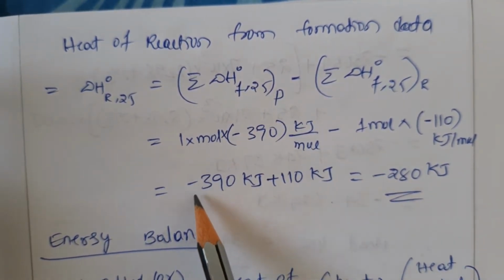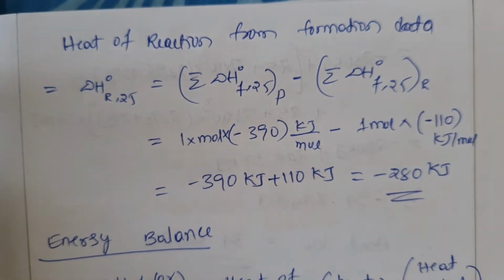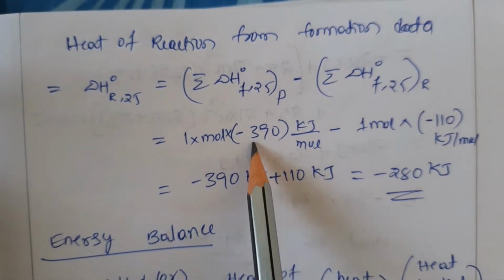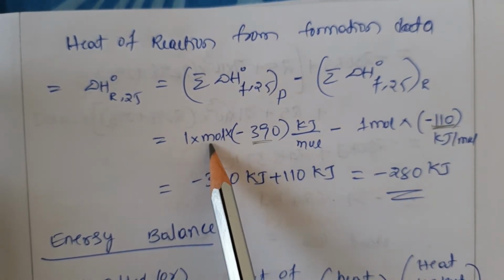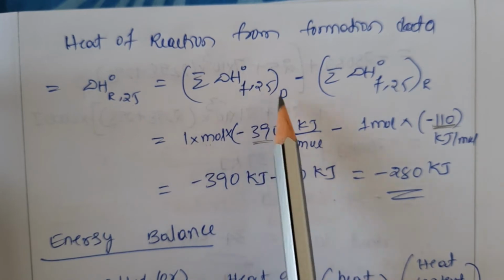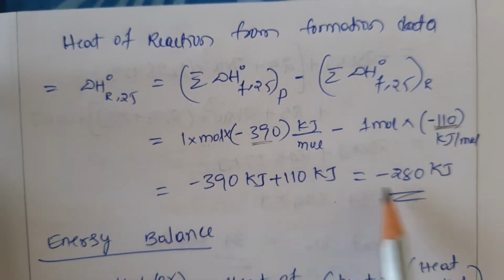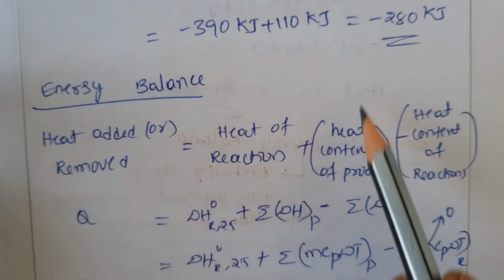Formation of any compound is from its constituent elements, so for 1 mole formation of the particular compound we get the corresponding values: 1 mole formation of CO2 and 1 mole formation of CO. So this is the heat of reaction for this process. Now let's see the remaining part.